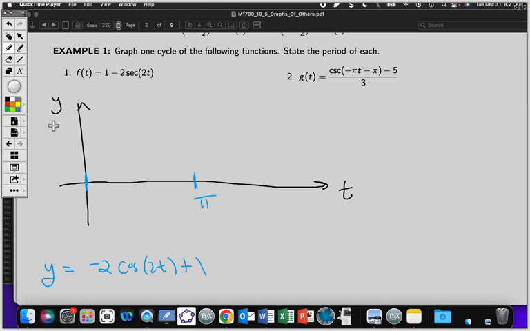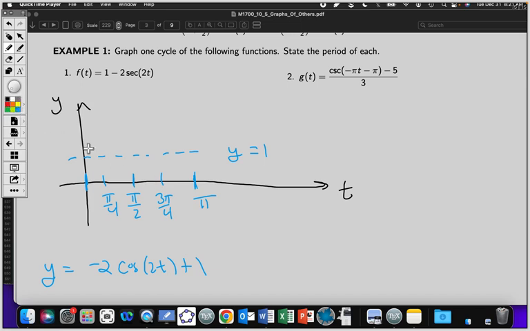So we can chop that up into the 4 quarter marks there: pi over 4, pi over 2, and then 3 pi over 4. The baseline is y equals 1. The amplitude is 2, but we have that negative out front.